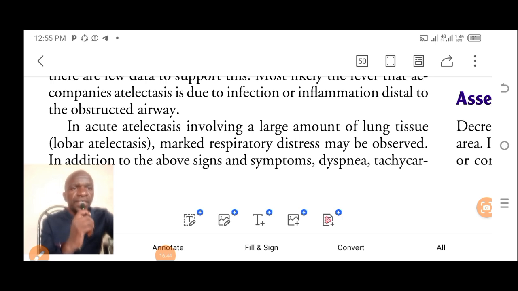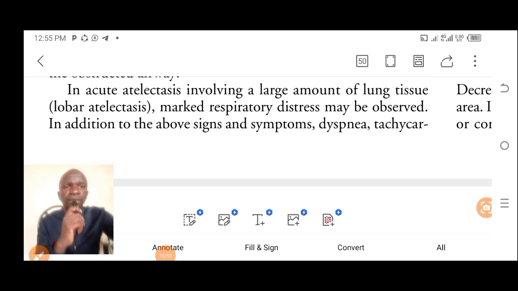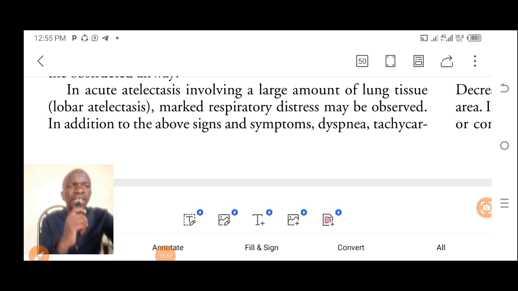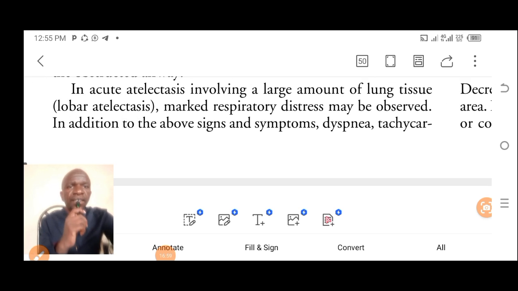In acute atelectasis involving a large amount of lung tissue, that is lobar atelectasis, there is marked respiratory distress which can be observed. In addition to the above signs and symptoms, we have dyspnea and tachycardia, right?